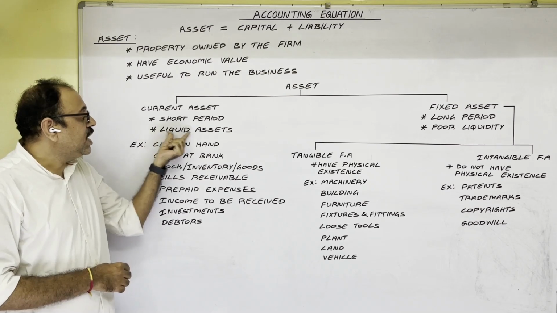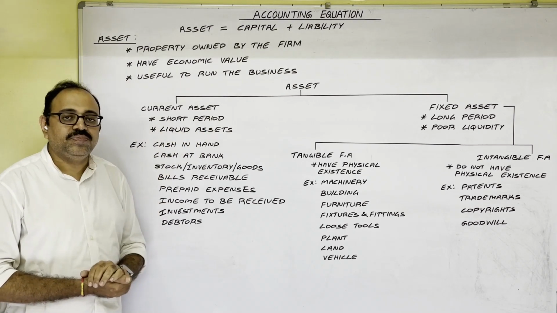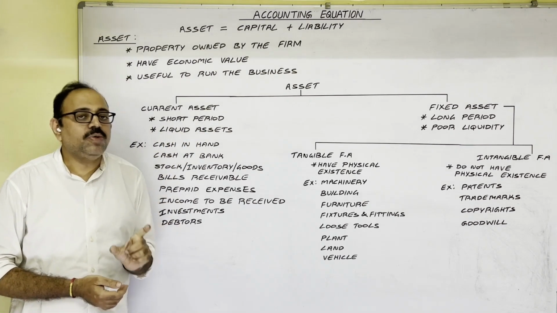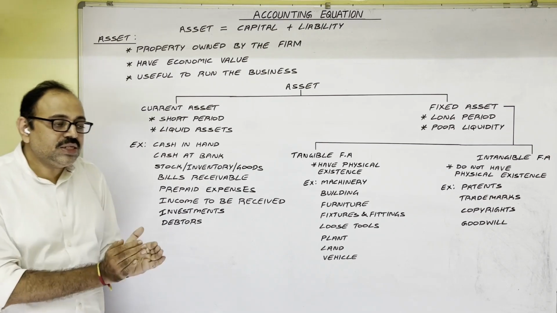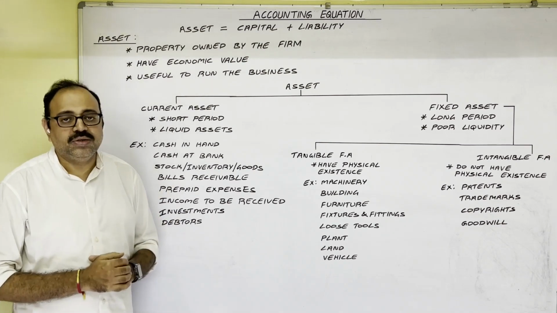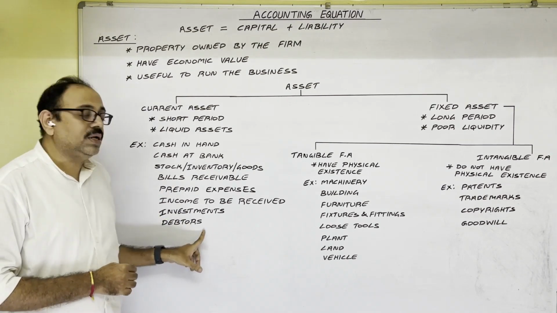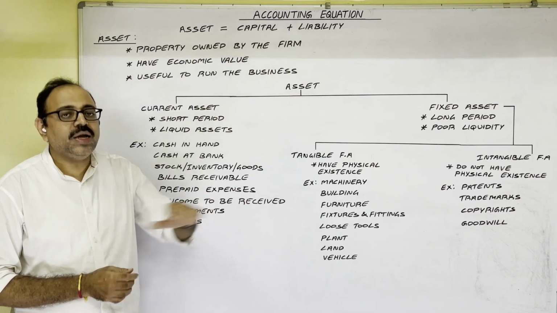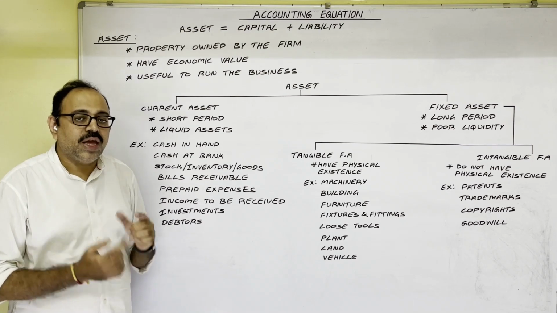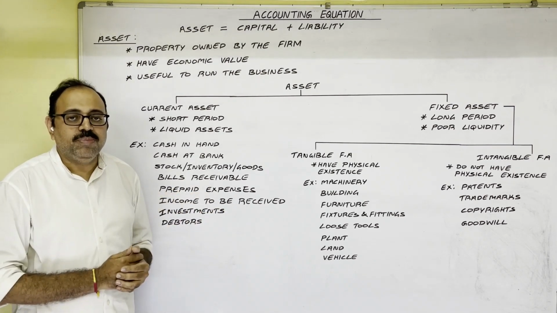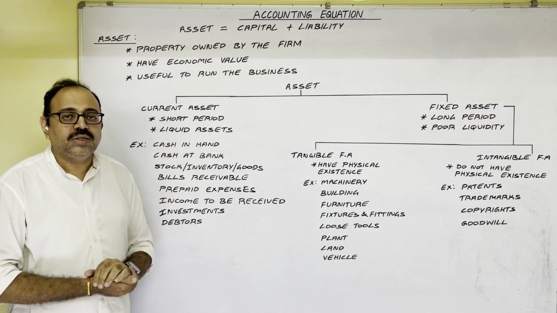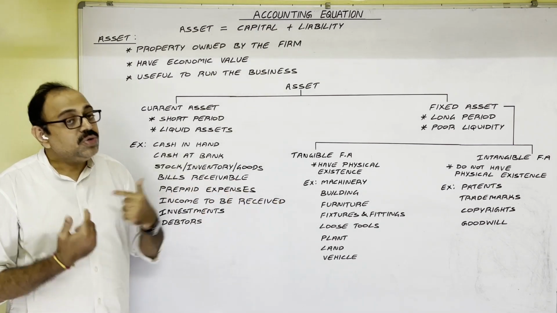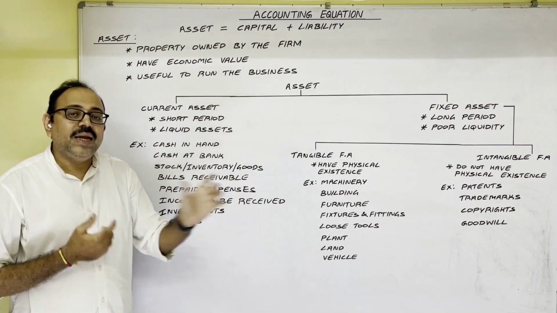Next, these current assets are liquid assets. Means what? Within a short period, we can convert this current asset into cash. Suppose debtors. Debtors means the firm sold goods to customers on credit. So customers have taken goods from us, but they have not yet paid for that. Now they are liable to the firm. So they are known as debtors.